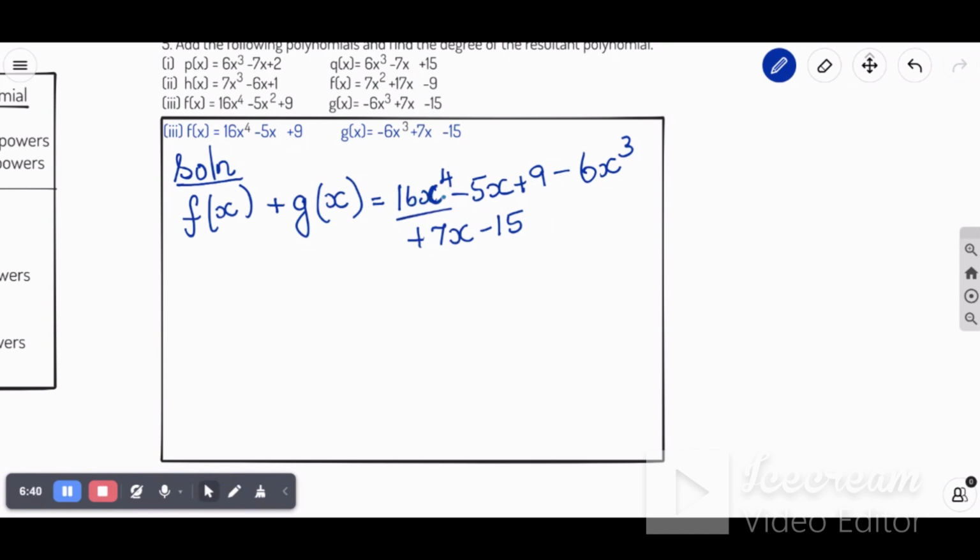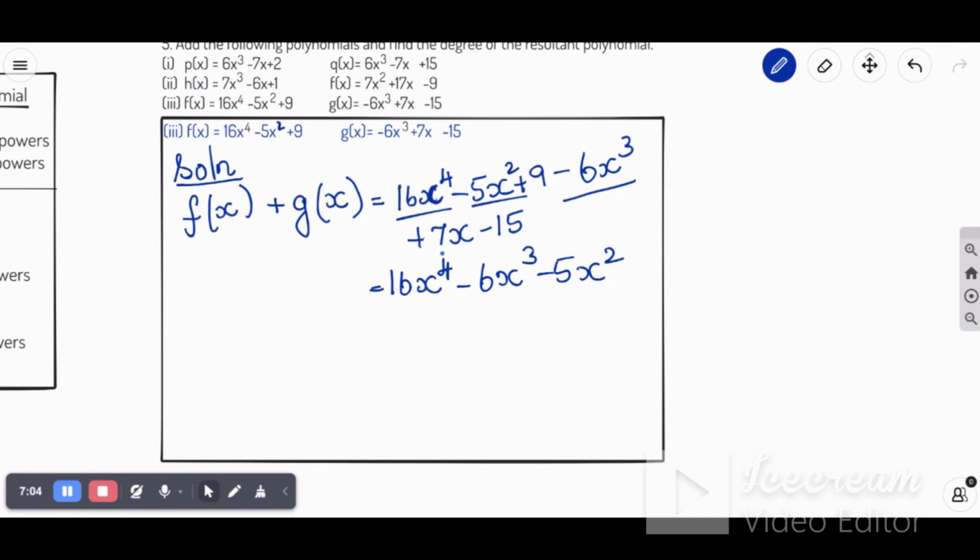So here we have got only 1x power 4. So put it as such. Then let's move on to x power 3. There is only 1x power 3. Put it as such. And then if you move to x square, write the question carefully. So now write this x square term, minus 5x square, and this is also done.